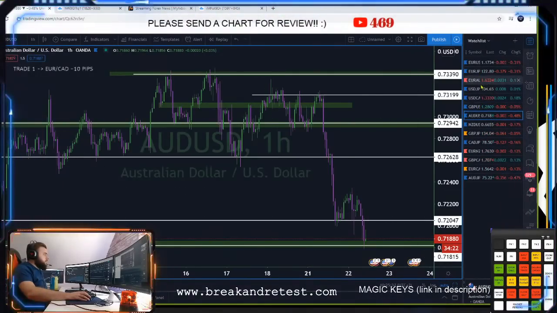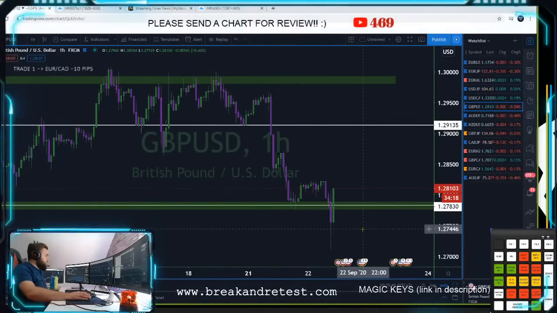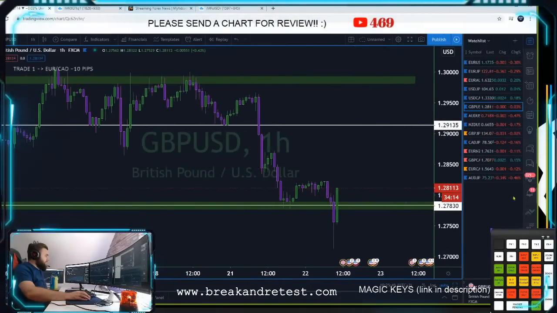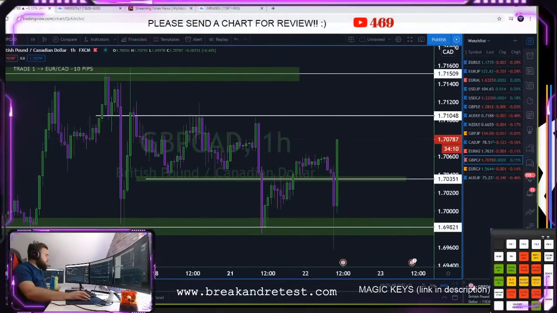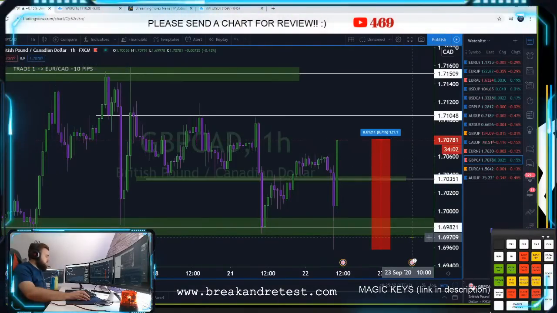Yeah, right now the market is resting. Not GBP though. Look at the GBP still pushing. Look at GCAD. Wow, this is crazy. 120 pip push on GCAD.